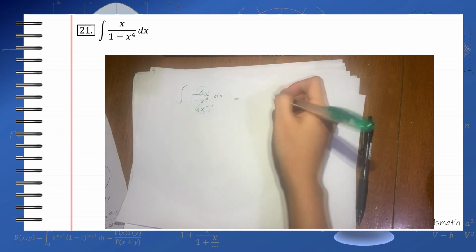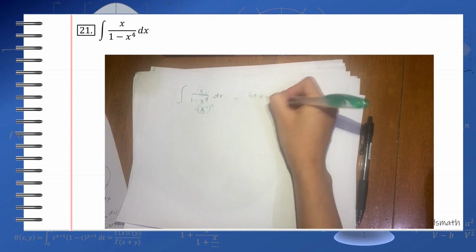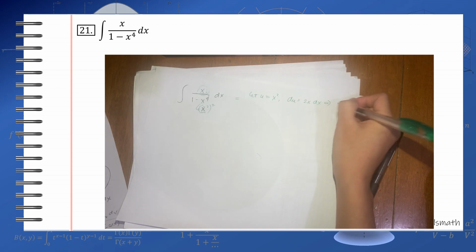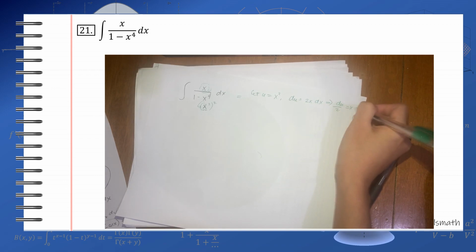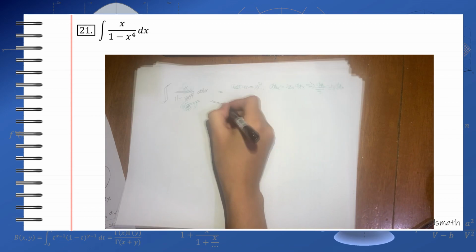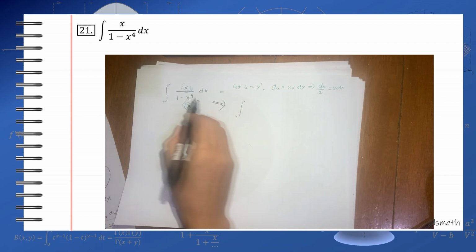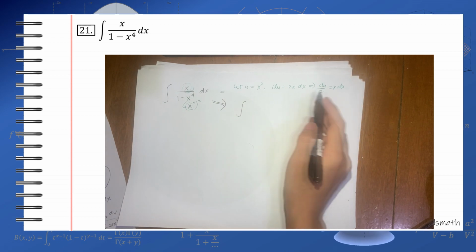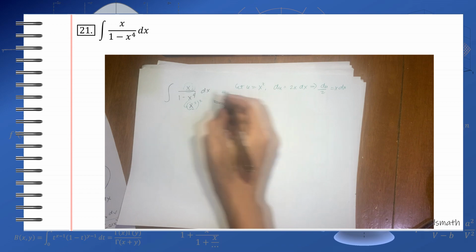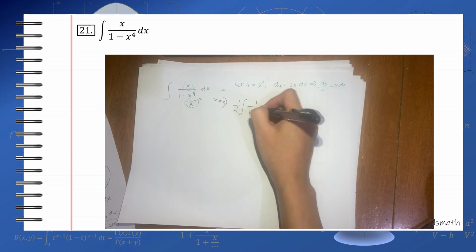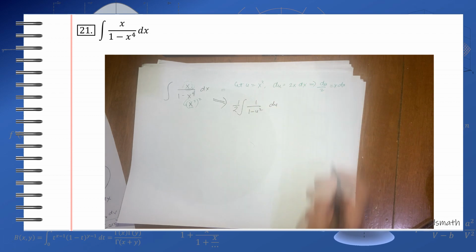So doing that, let u is equal to x squared, du is equal to 2x dx. So du over 2 is equal to x dx. So this integral right here becomes x dx, that's du over 2, I'll factor out the 1/2. And this becomes 1 over 1 minus u squared du.